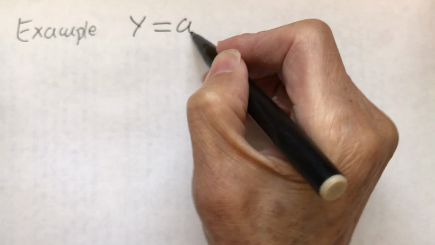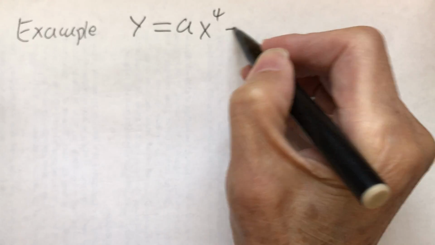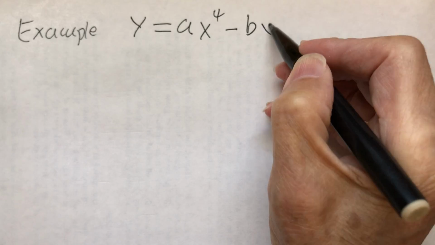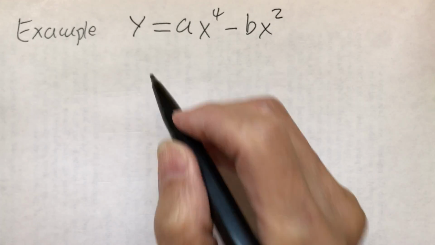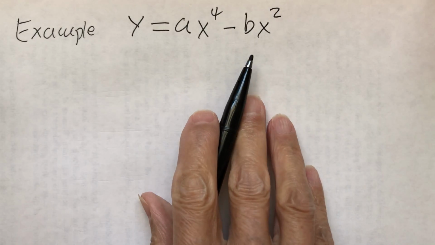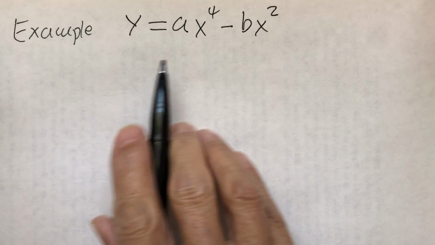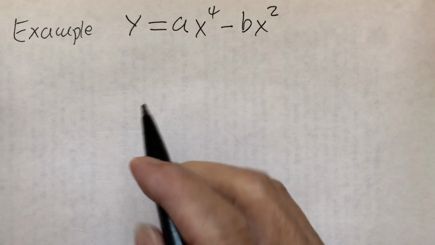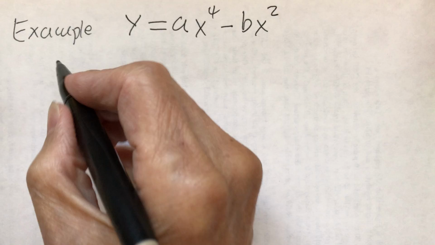y equals a x to the power 4 minus b x to the power 2. So this is a given function, and you have a subtraction here. So what is the answer? The derivative?